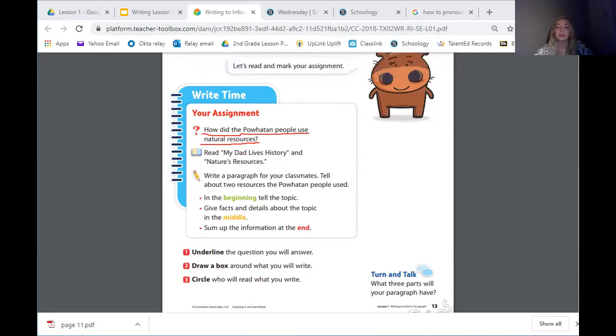I'll give you a minute to think. Okay. It says write a paragraph. So I'm going to put a box around the word paragraph because our instructions told us to draw a box around what you will write. And we're going to write a paragraph.